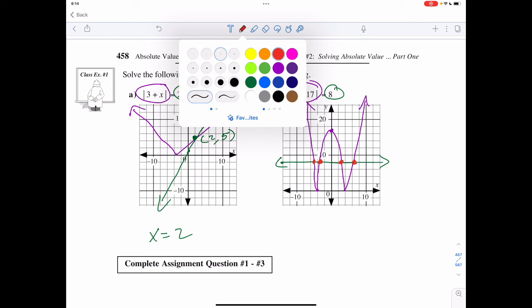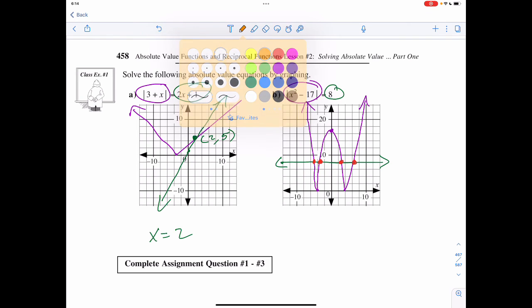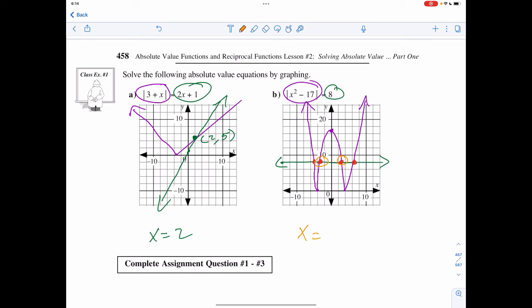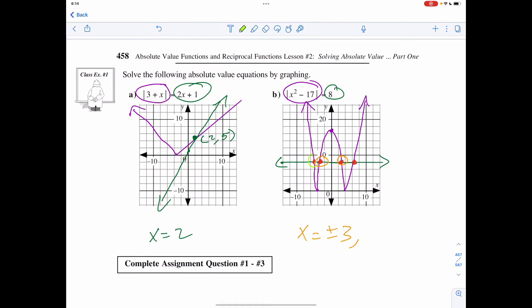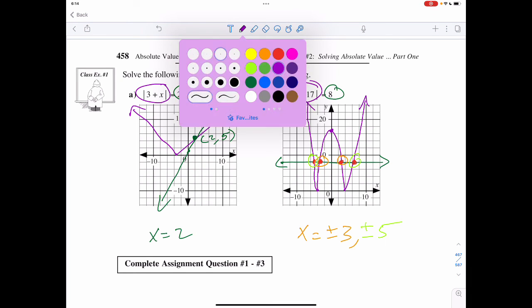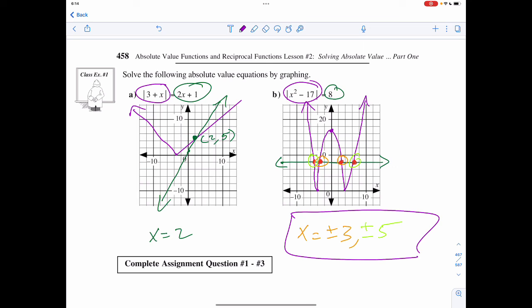I have the 2 values on the inside, where x is equal to positive or negative 3. And I'm going to have the 2 values on the outside, where x is equal to positive or negative 5. And those are my 4 possible solutions for x.